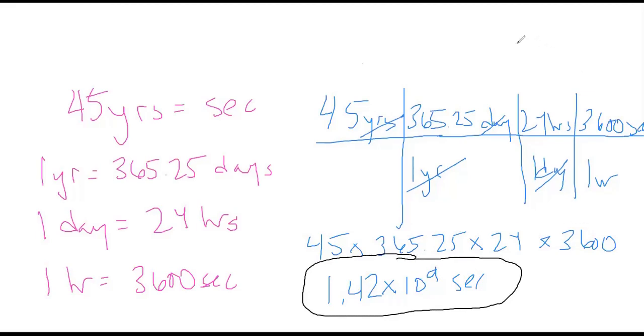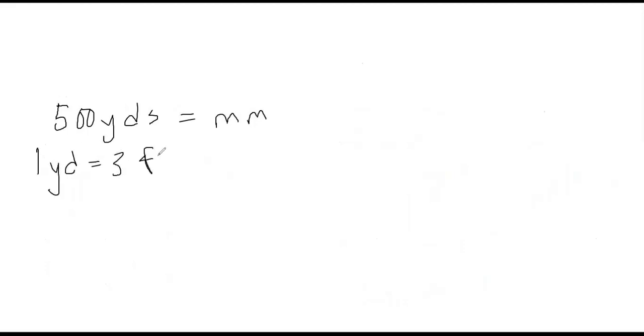Now I'm going to give you guys one to try on your own. Let's go with 500 yards. How many millimeters? So 1 yard is 3 feet. 1 foot is, oops, I'm sorry.